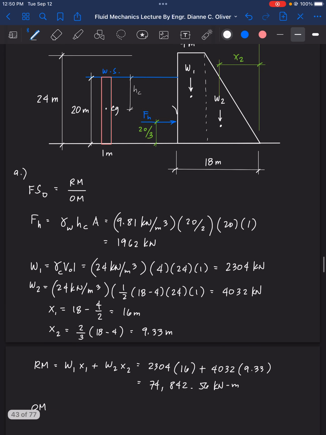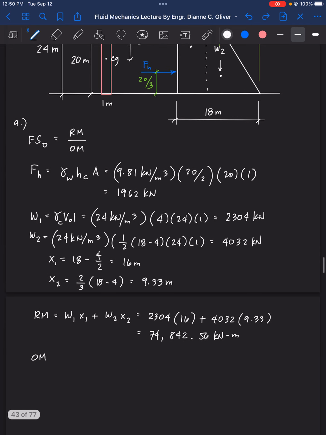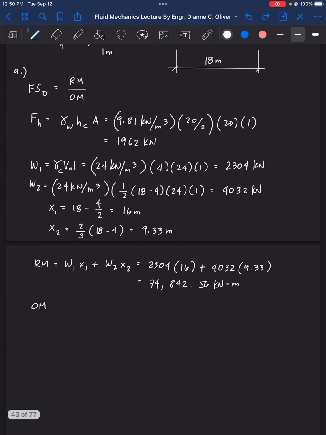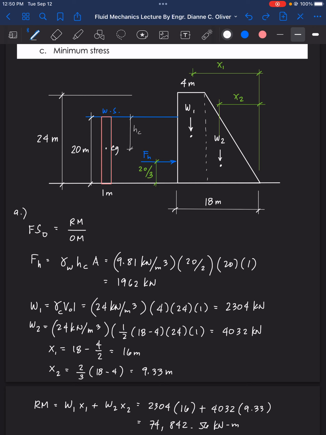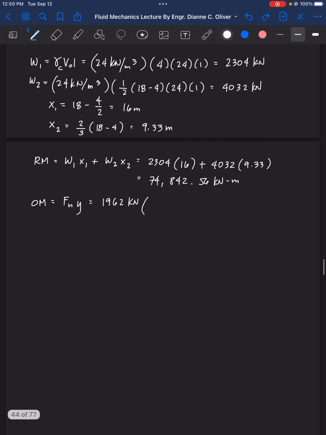Now let's go to the overturning. So our overturning is the horizontal force of water. So OM is equal to FH times Y. FH is 1962 kilonewton times 20 meters divided by 3.